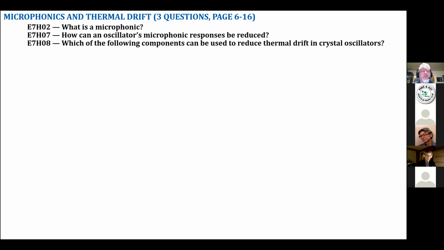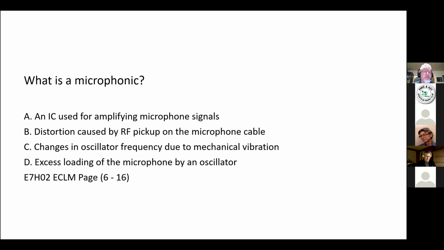Microphonics and thermal drift. 3 questions. What is microphonic? A, an IC used for amplifying microphone signals. B, distortion caused by RF pickup on the microphone cable.